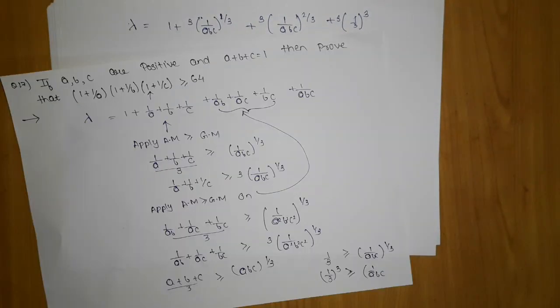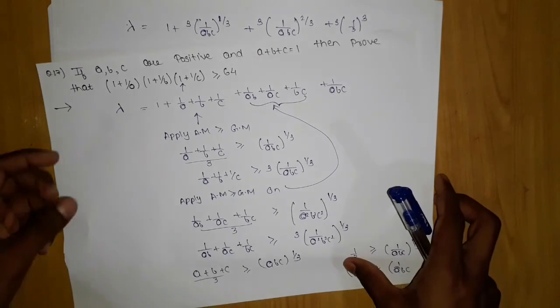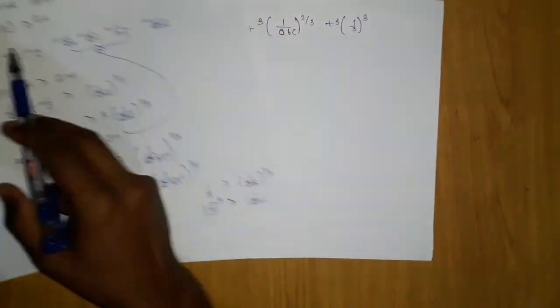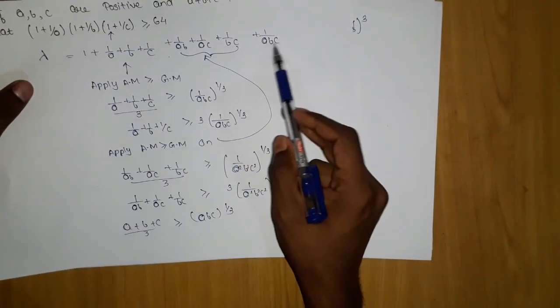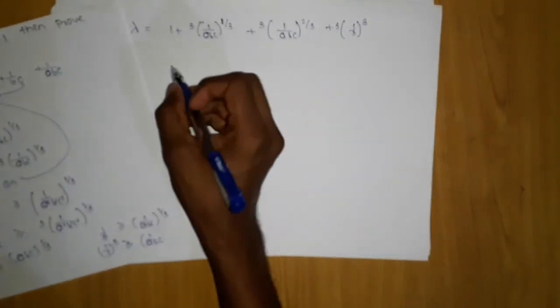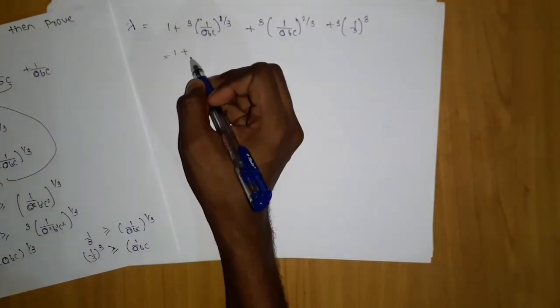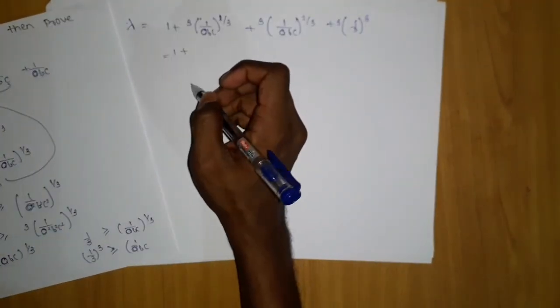So here I am substituting all the values: in place of the sum of 1 upon A, 1 upon B, 1 upon C I substituted this value, in place of 1 upon AB, 1 upon AC, 1 upon BC I substituted this value, and for 1 upon ABC I substituted this value. So what is 1 upon ABC?